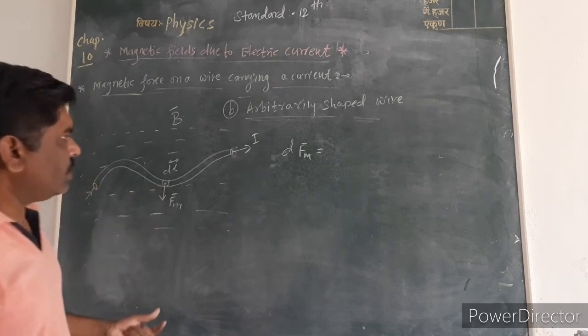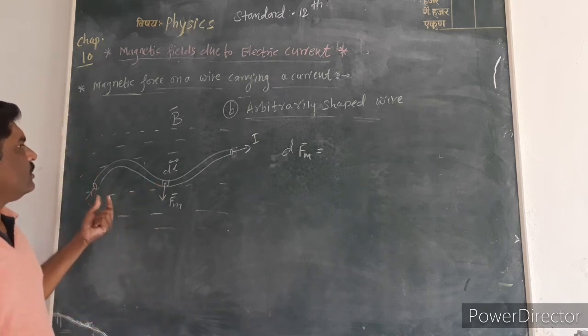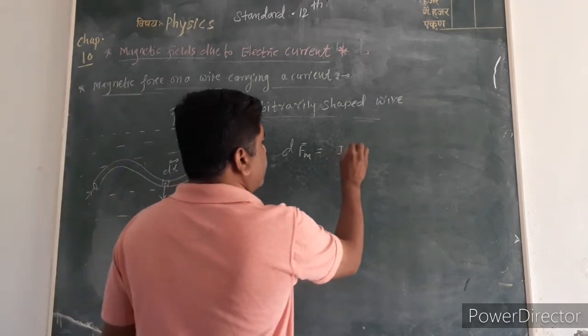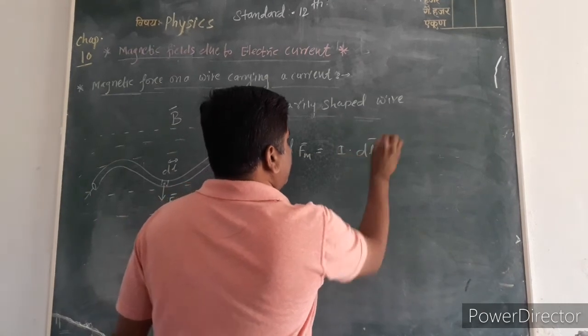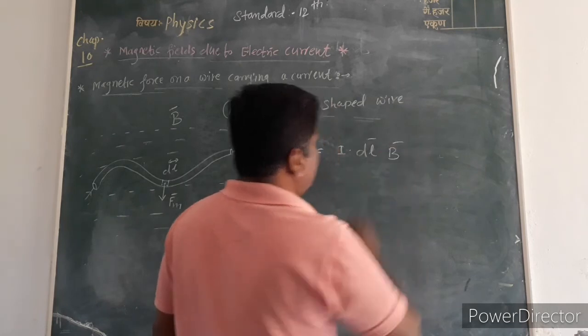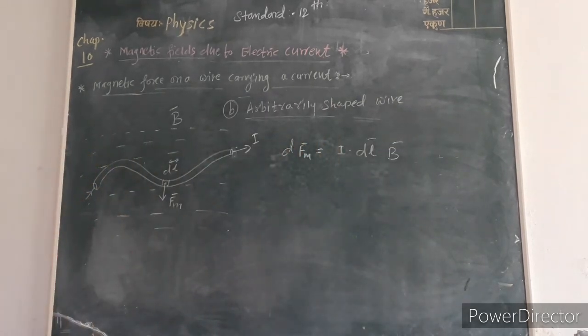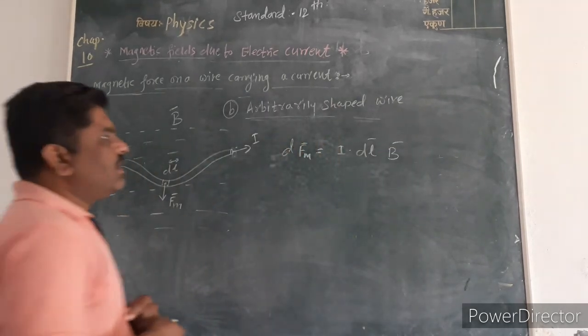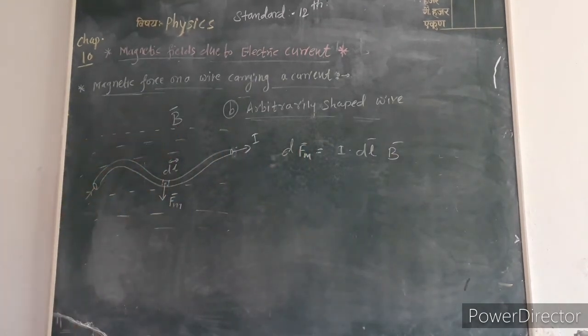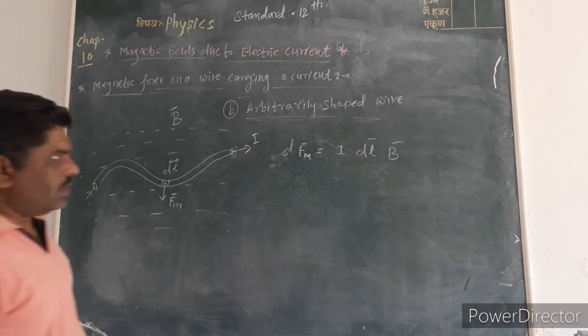Using the above equation for the straight wire, dFm bar is equal to I, this small length element dl bar, cross B bar, where B bar is nothing but the magnetic field.